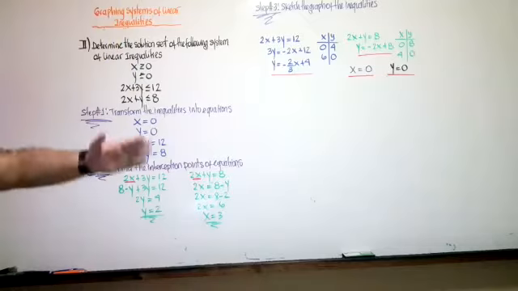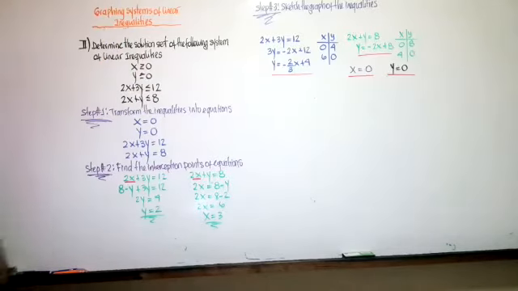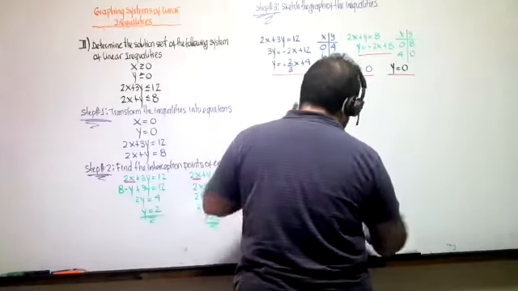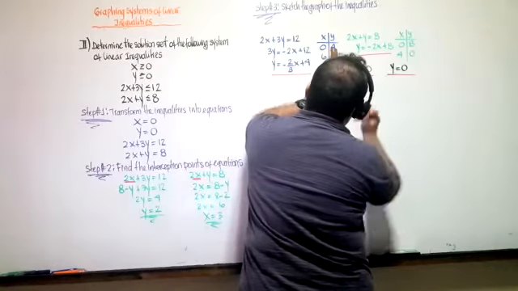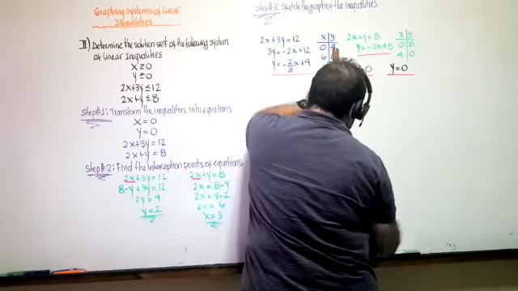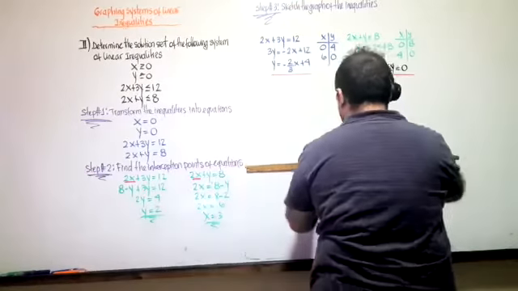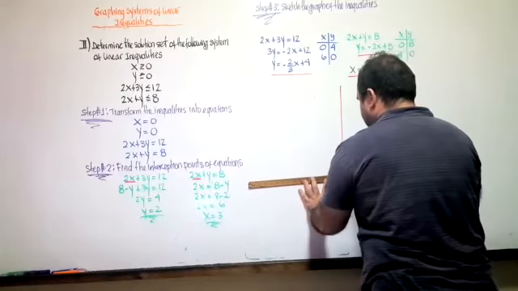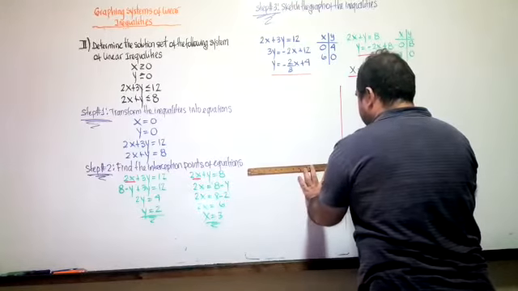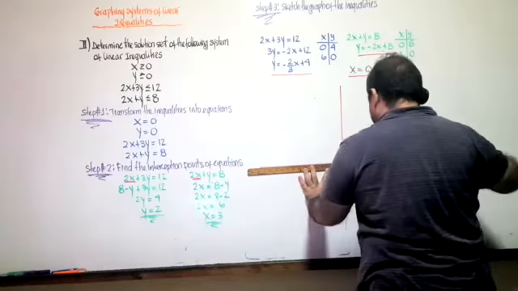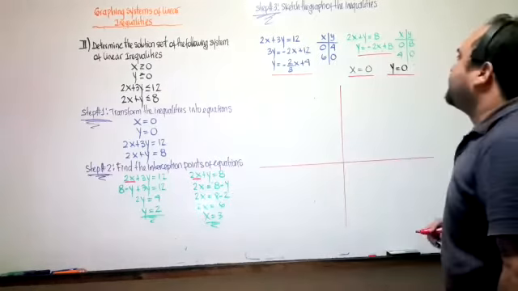Let me create the coordinate plane, and I'm going to show you with more details what I'm talking about, okay? So first of all, the coordinate plane. Remember what I explained to you guys? Every time we're going to use the coordinate plane, make sure we have the right measures, okay? Because if you don't have the right measures, you're probably going to have serious problems at the moment of graphing the lines.